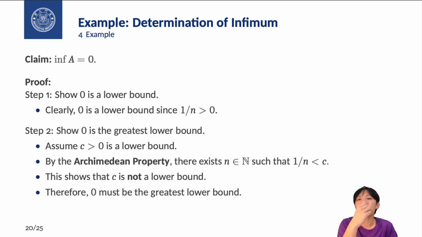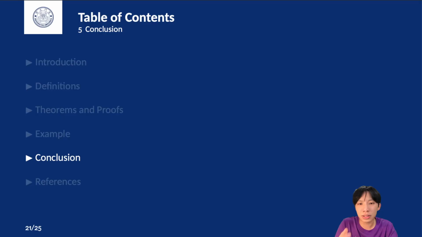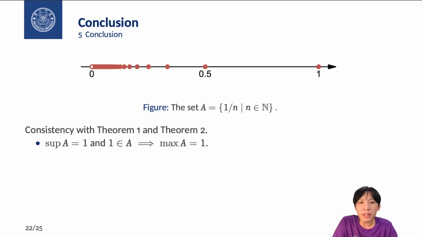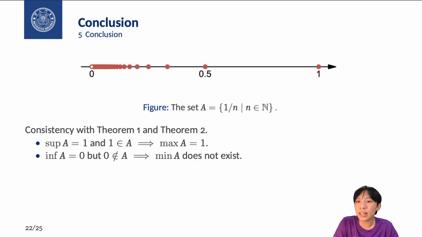This example is consistent with our theorem 1 and 2. Since the supremum is 1 and it is in the set, the maximum obviously is 1. Then we found that the infimum exists, but it is not in the set. So by the theorem, the minimum does not exist.